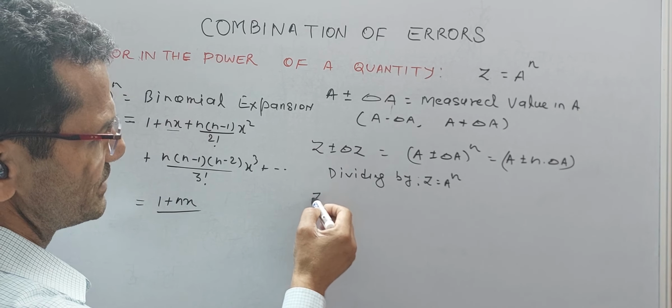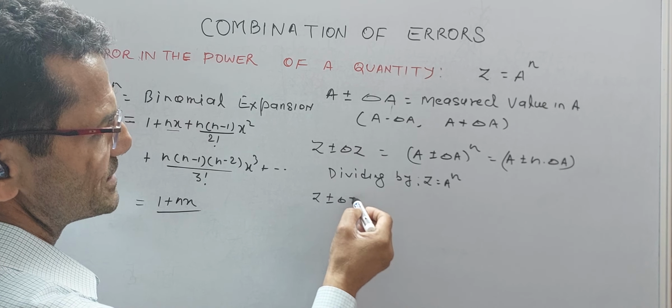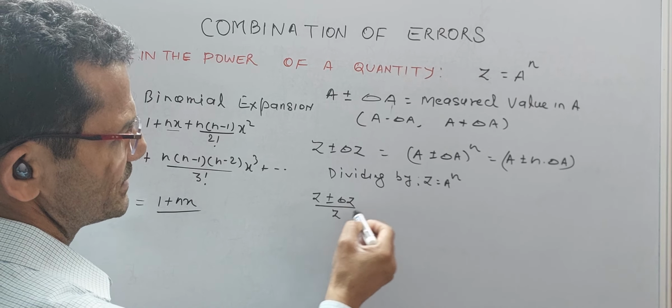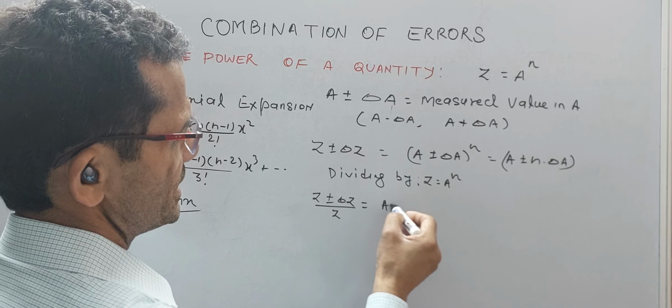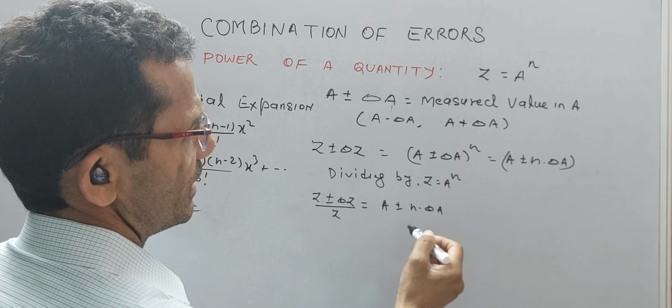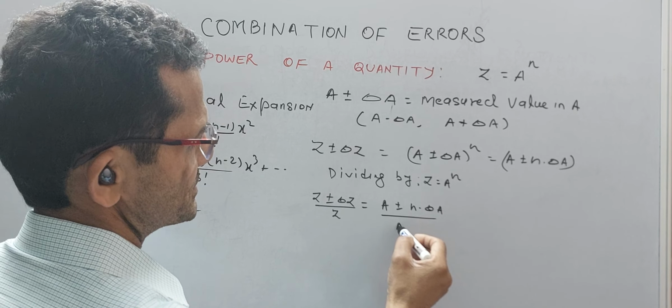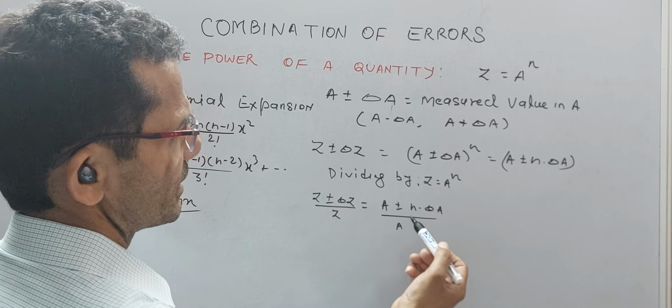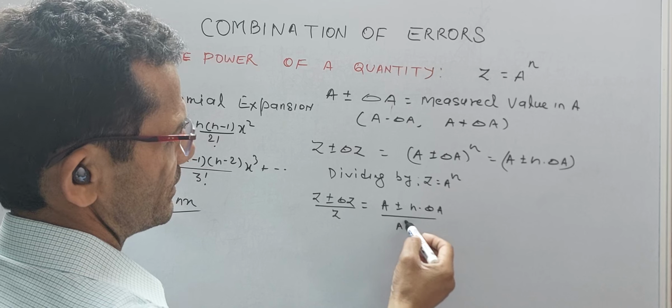This becomes z plus minus delta z divided by z is equal to a plus minus n times delta a, divided by a raised to the power n.